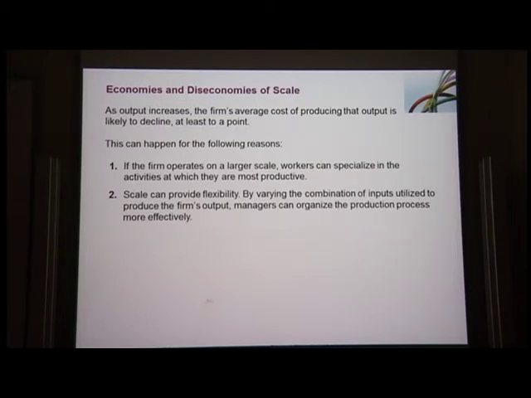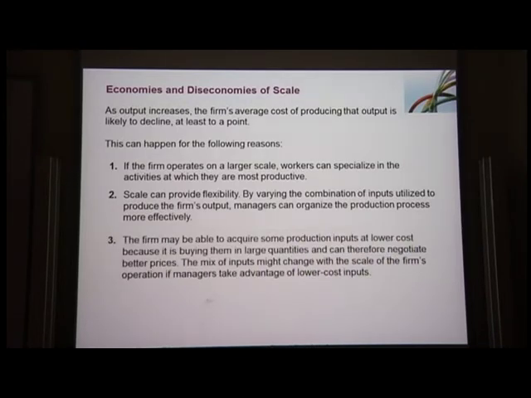So that can only be done on a large scale, where the firm can experiment and look at what combination of labor and capital can minimize cost. Then the third reason is that, remember, to produce, a firm needs raw materials. So a firm needs raw materials, or a firm needs labor.